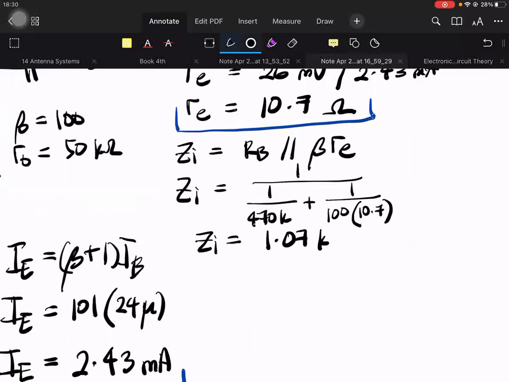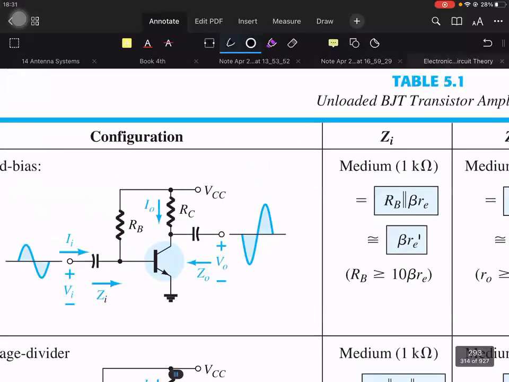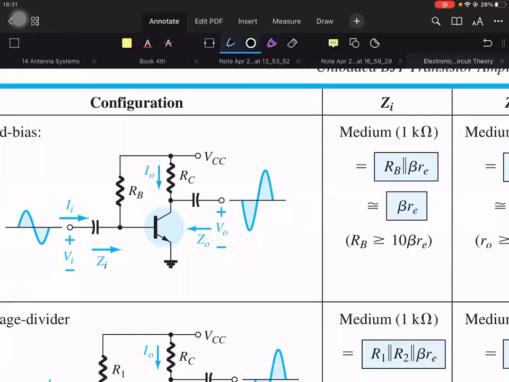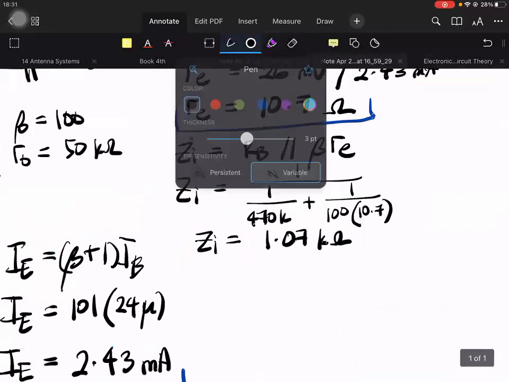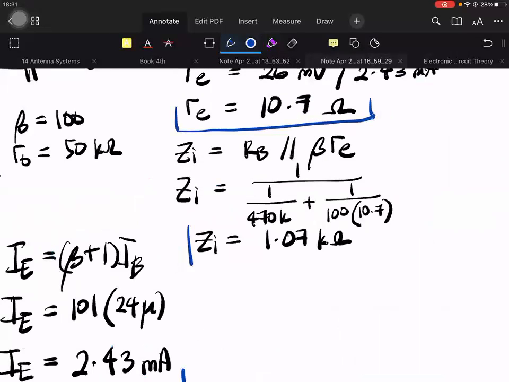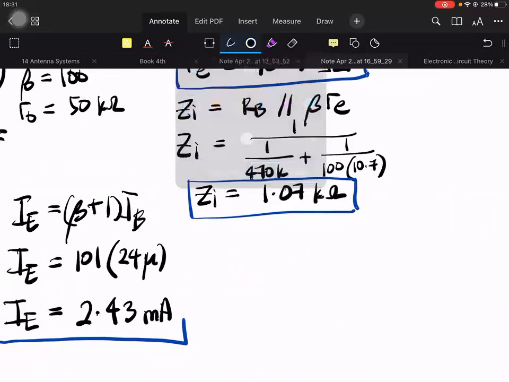You see, it's approximately equal to beta RE. So if we go direct, we'll still obtain the same value. RB hardly matters here. So if you use the approximate formula, we'll still have the same answer, 1.07 kilo ohms.